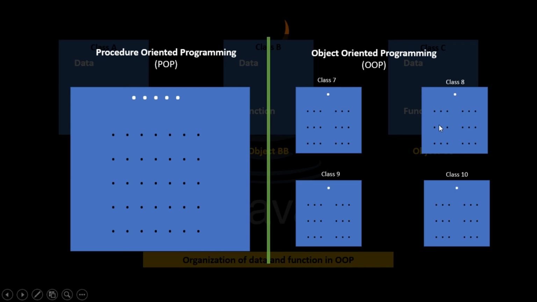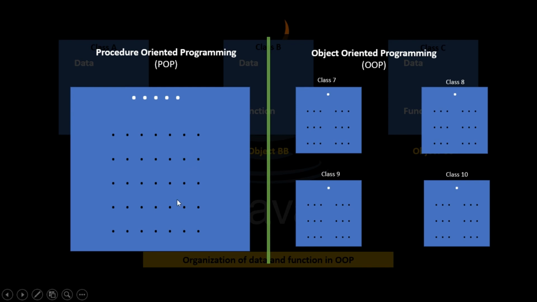Now suppose in procedural-oriented programming these teachers are treated as data and these students are functions. As we learned in the previous video, in POP data is declared globally so that it can be accessed by every function.